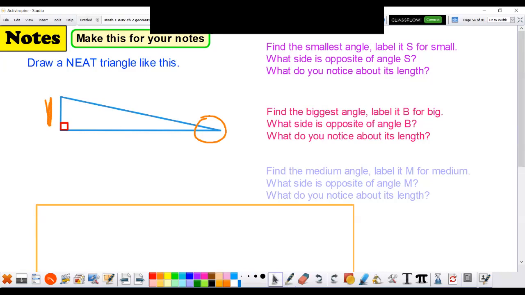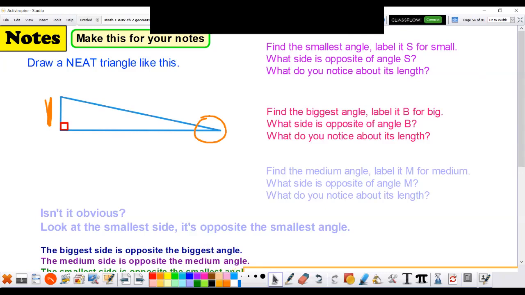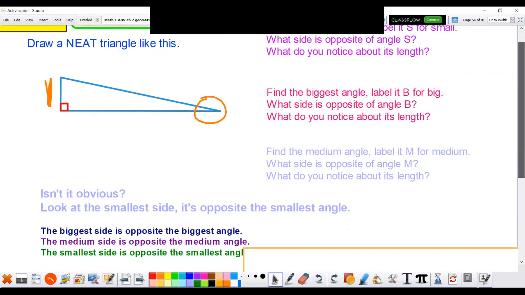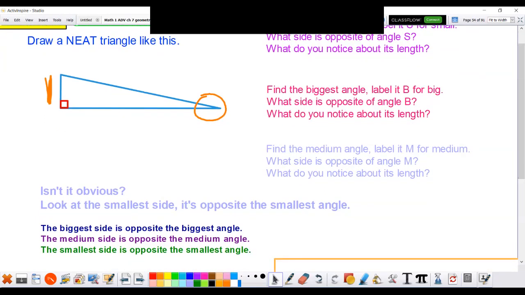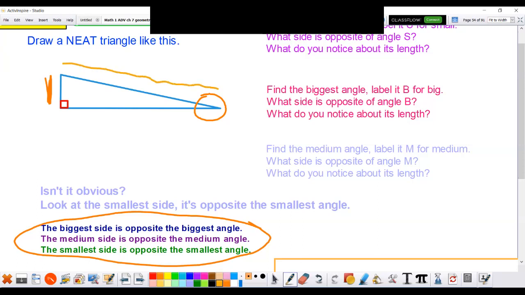You can read this on your own, it's a little hard to see it all on here. The biggest side is opposite the biggest angle. Look at the length of this side. What's it opposite? This angle. It looks like the 90 is the biggest angle. Well, the smallest side is opposite the smallest angle.